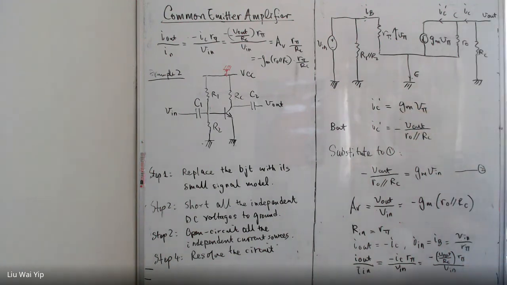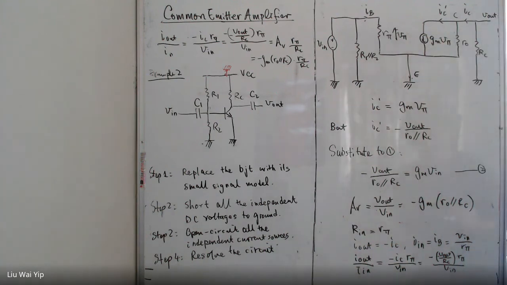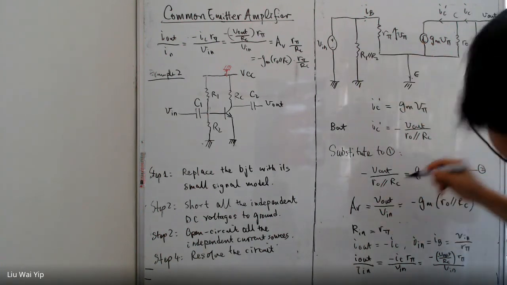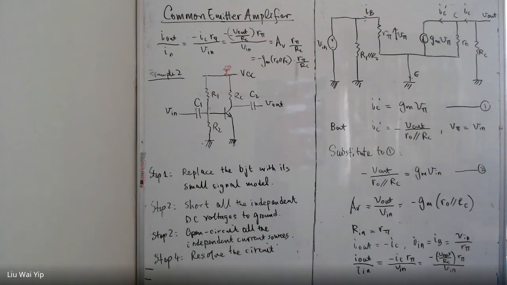Now, the next thing that we are going to do is to work out V pi. And fortunately, V pi here is exactly the same as V in. So V pi is equal to V in. This is very good news. What we can do is to substitute all these things into equation 1, like what we did in example 1.